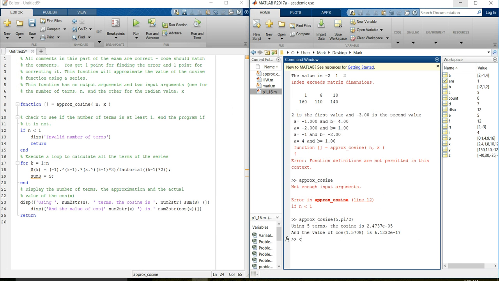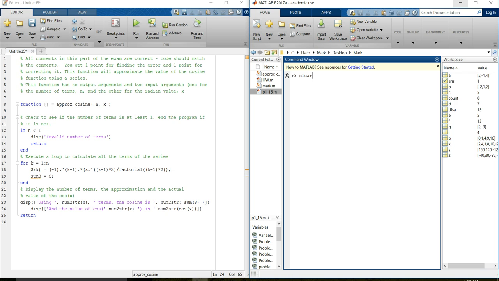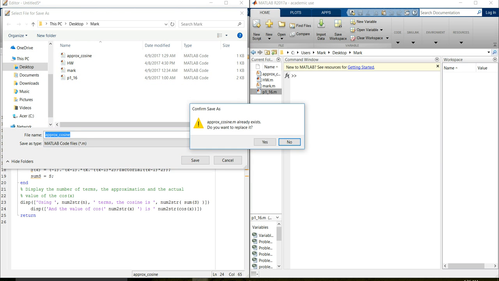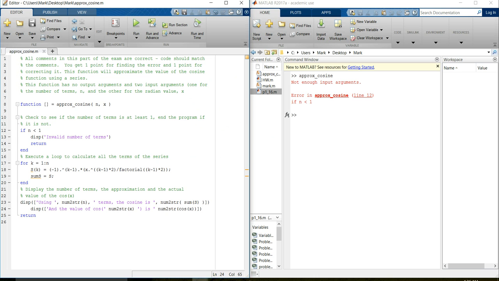Let me clc. Yeah, I'll clear it. Clc, and then run it, and it's going to save as approx cosine. Not enough input arguments. Oh no, that's true.